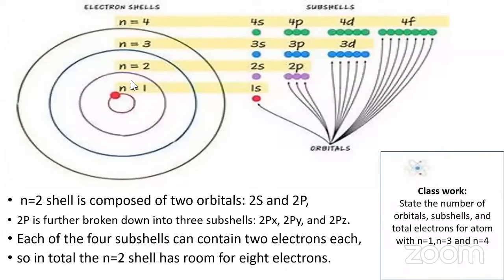So we move on to the second energy level, n equal to 2. The second energy level has in it the 2s and 2p orbitals. So you could see that when we go further away from the nucleus, we have more orbitals in each energy level. Let's go back to the previous slide.